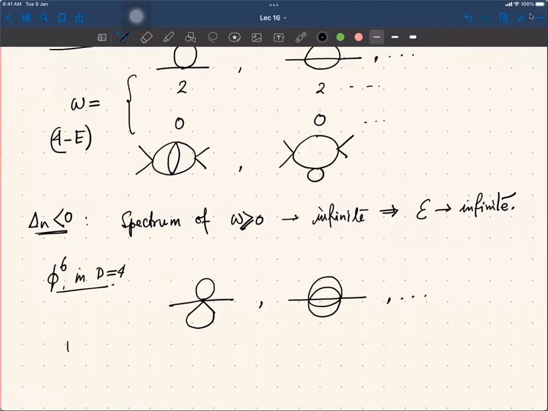In this case, omega is given by the formula 4 minus E plus 2 times V. And it is 4 here, 6 here, and it will keep increasing.